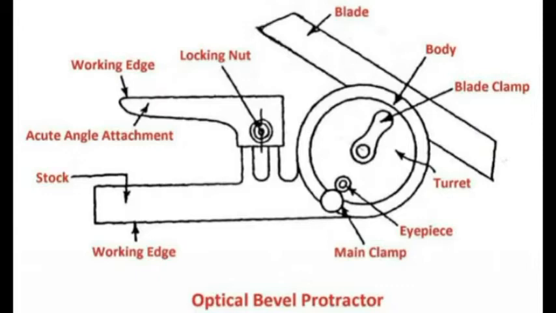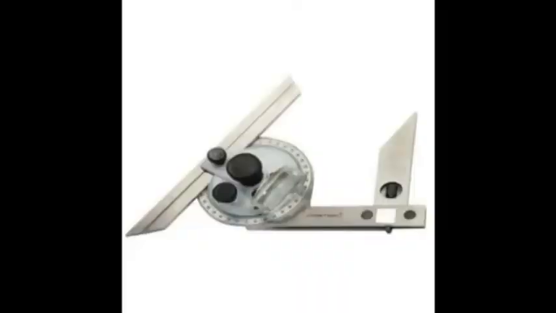So in the universal bevel protractor, this is how it looks. You will have a blade, and the blade will have a slot. Here you see a slot where an end mill cut is made.